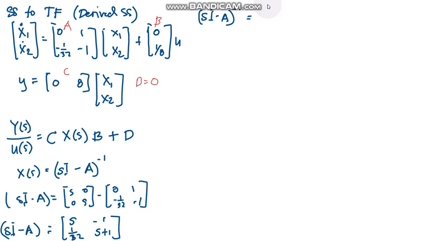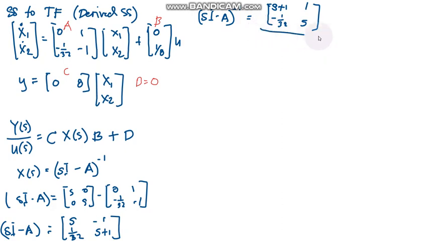For our numerator, the adjoint, we interchange the diagonal elements, s and s plus 1. So we're going to have here s plus 1, and here s, and then the signs of the other two will reverse. So the negative 1 will be positive 1, and the positive 1 over 32 will be negative 1 over 32. That is for the numerator.